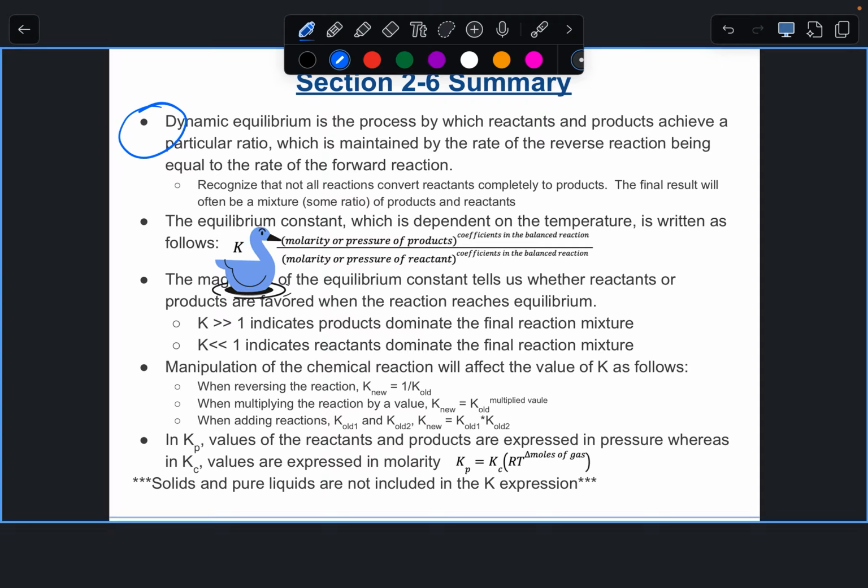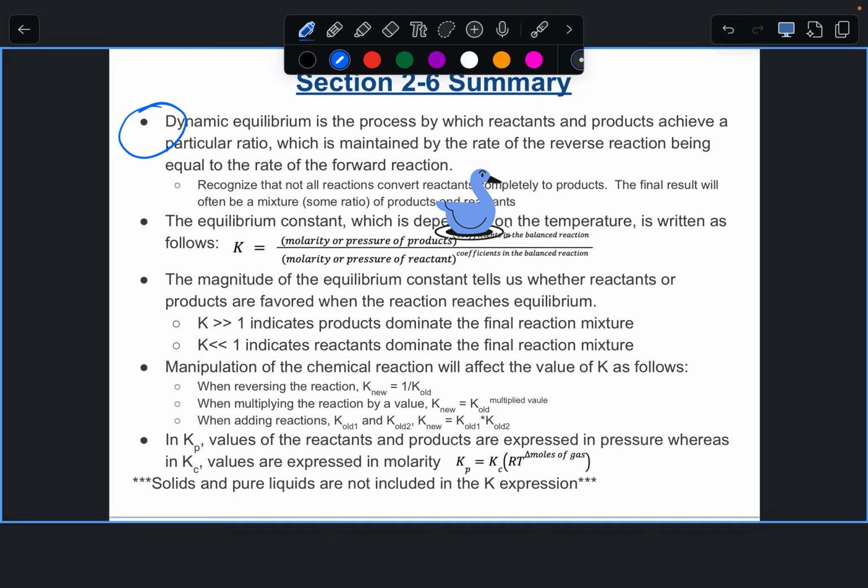The way we describe that ratio, both symbolically, as in how we would express it mathematically, as well as an absolute number that describes the ratio, is with this expression K. K is called the equilibrium constant, and it is unique to every chemical reaction.